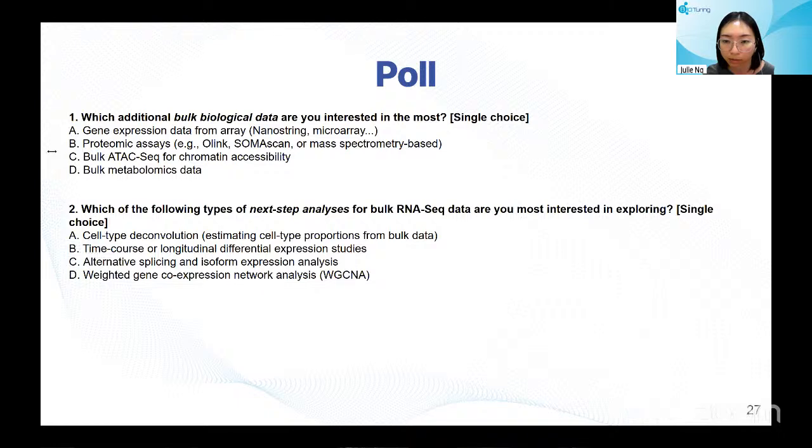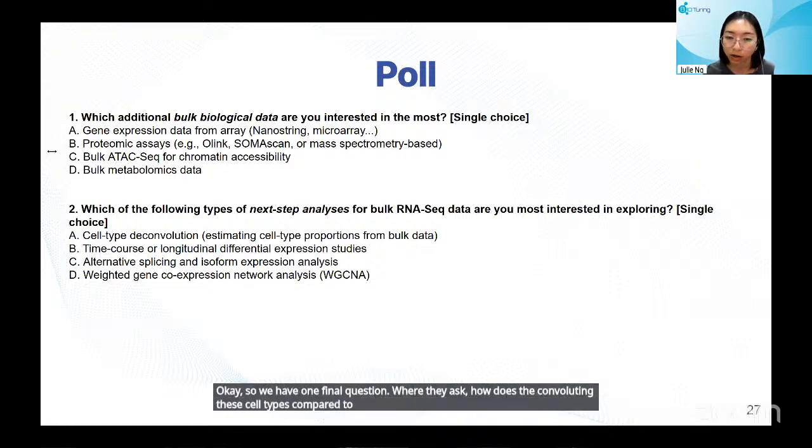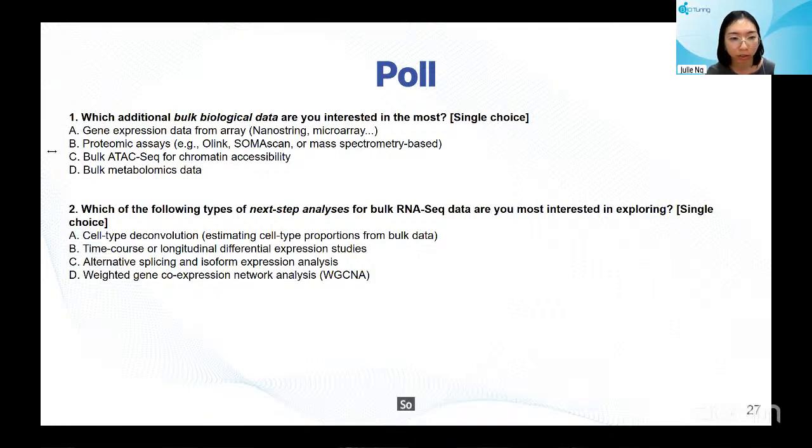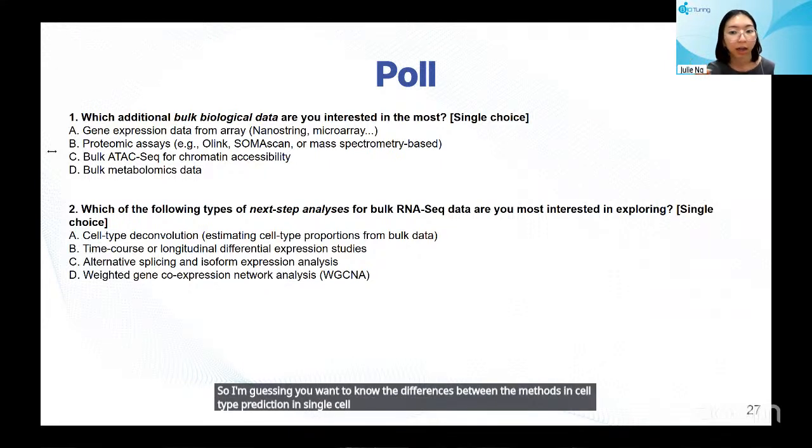Okay, so we have one final question where they ask, how does deconvoluting these cell types compare to single cell RNA-seq in your experiment? So I'm guessing you want to know the differences between the methods in cell type prediction in single cell RNA-seq data and cell deconvolution in SmartBulk.